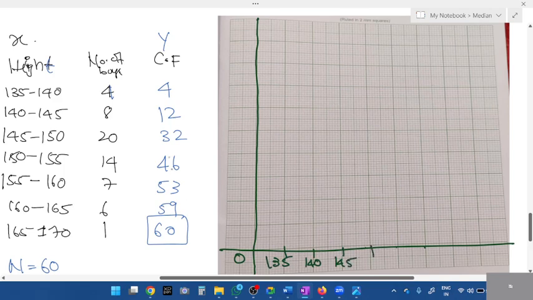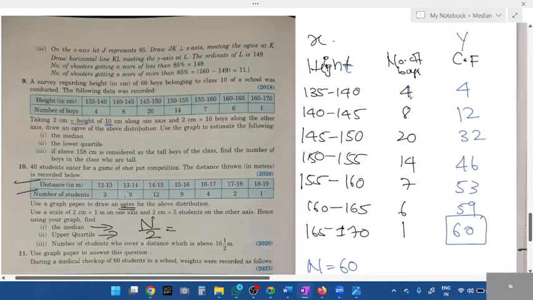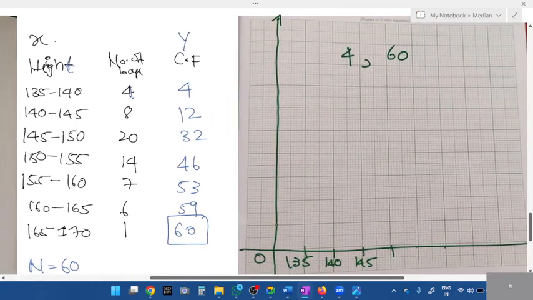Write all this. Then the y-axis. What is the lowest value, students? 4. The highest value is what they have asked. In the y-axis you have to take 1 centimeter. How many boys? 10. Each box you have to take 10, 20, 30. Is it clear? Understood? Completed.